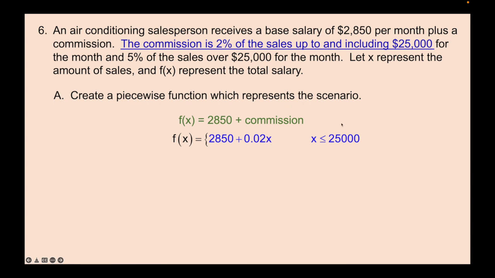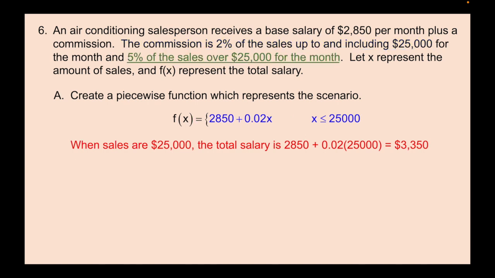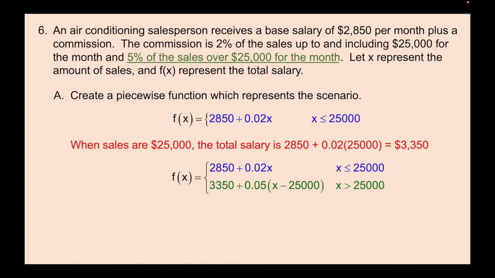Now from here, we would go ahead and plug that 25,000 in for x to find out how much this person is going to make if the sales are at $25,000. So when you plug that $25,000 in, you're going to get $3,350. So for our next condition, it's going to start with that $3,350 plus, and then our new rate is 5%, so we'll do 0.05.